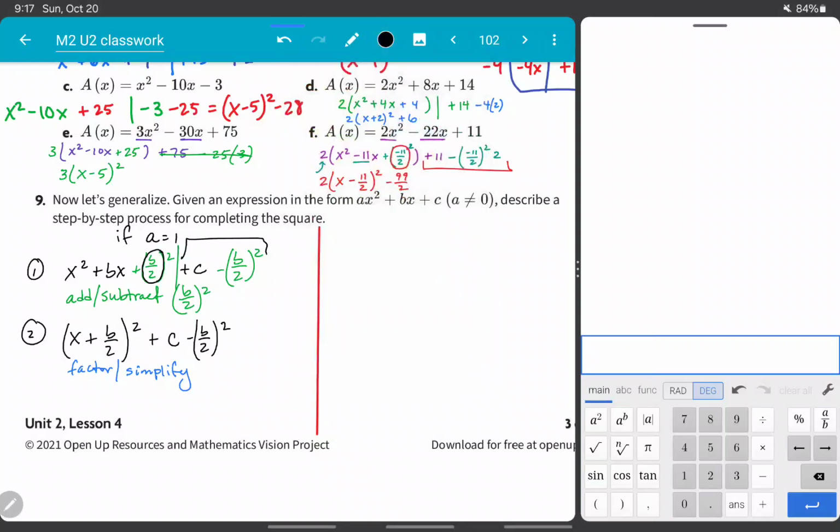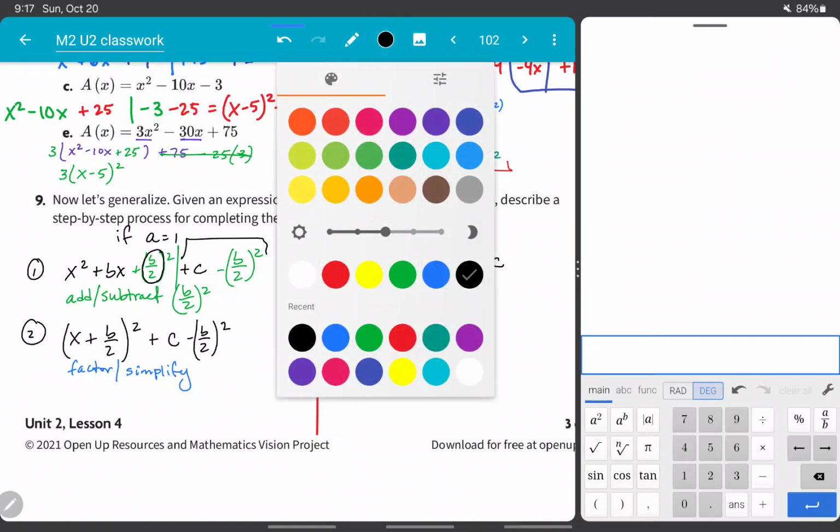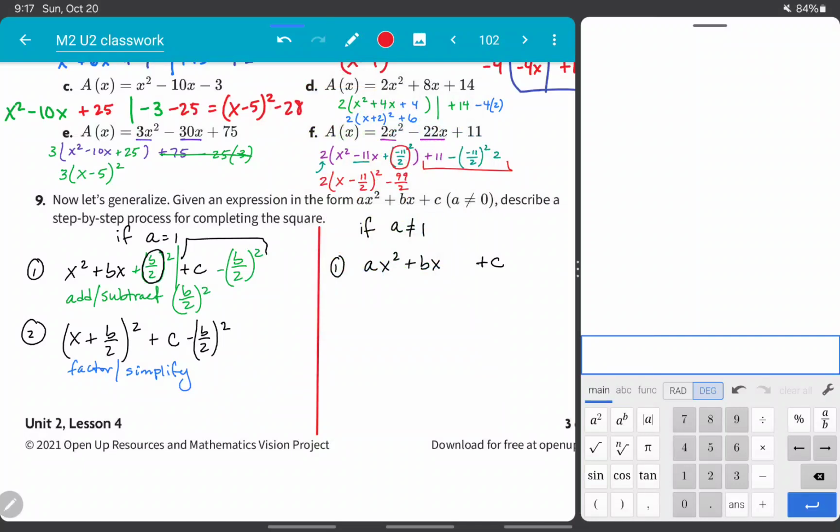Now, if your a value is not equal to 1, and let's say you're given ax squared plus bx plus c. I'm going to scoot the c over a little bit. The first thing that we're going to do is factor out the a just from the first two terms.